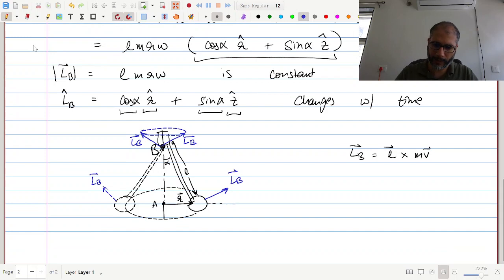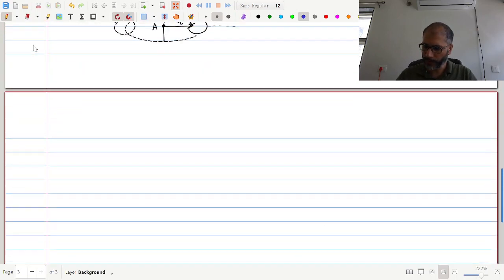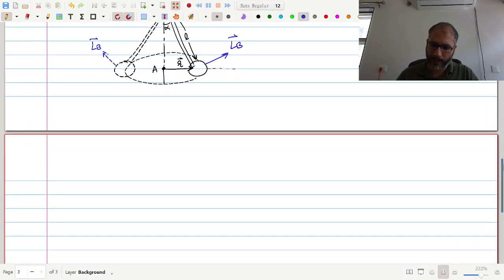Okay. So this was the next part, and then we move on to checking the dynamical relation which links the torque, let's say first the torque about point A, with the rate of change of angular momentum about the same point. We have to check this for both points A and B. So let's do that.